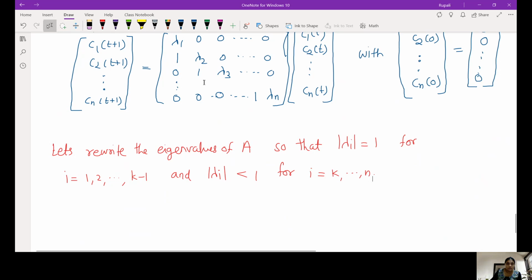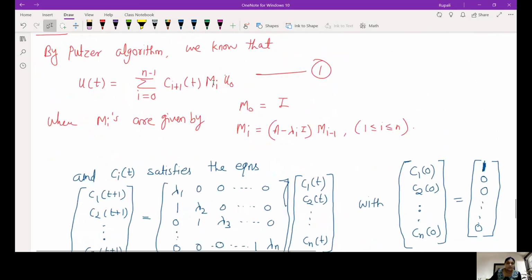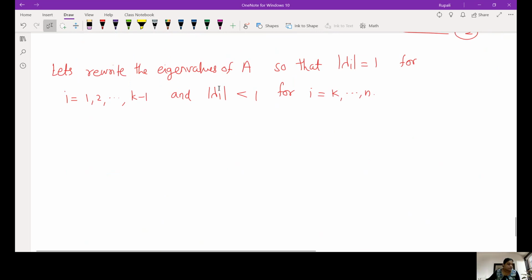Now we give numbers 1 and 2 to the equations.